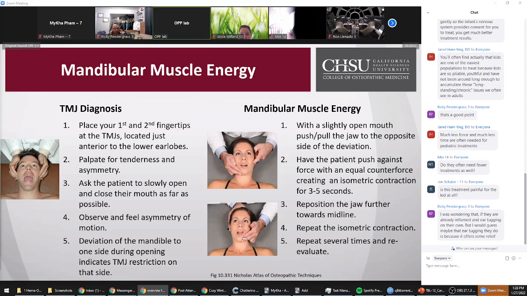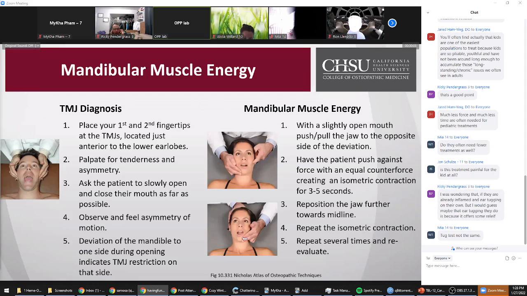So you evaluate the mandible by placing your first and second fingertips at the TMJ, right in front of the ear, right by the tragus. And you palpate for tenderness and asymmetry.